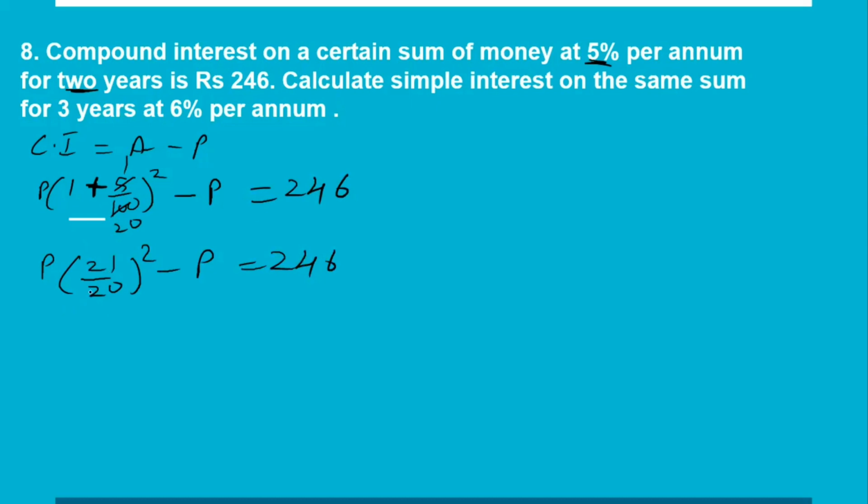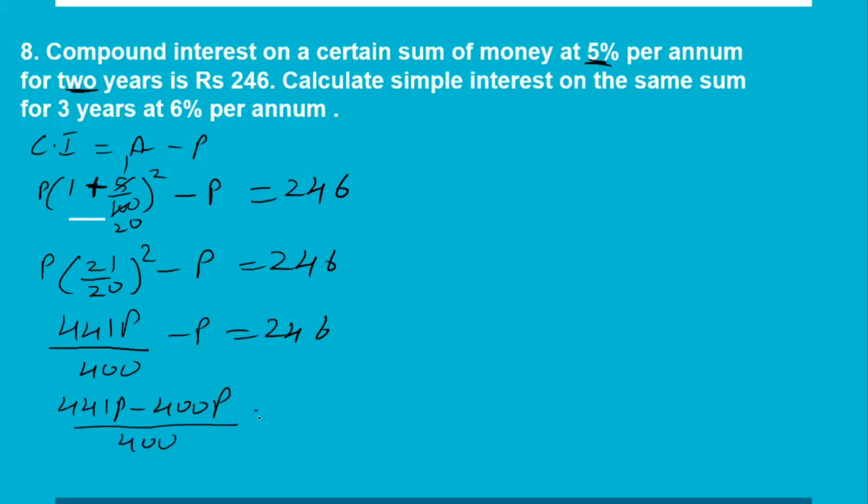So 21 squared is 441. So 441P upon 20 squared, which is 400, minus P is equal to 246. So take the LCM, which is going to be 400. So 441P minus 400P upon 400 is equal to 246. 441 minus 400 is 41P upon 400 is equal to 246.